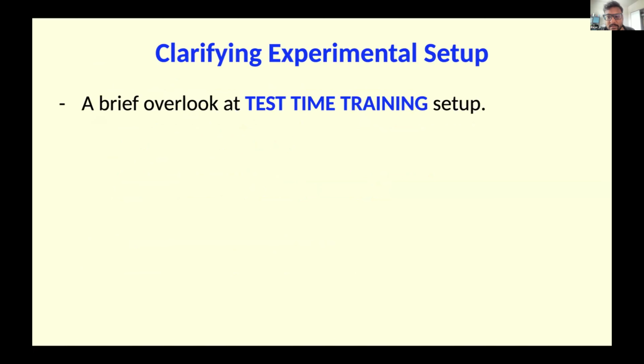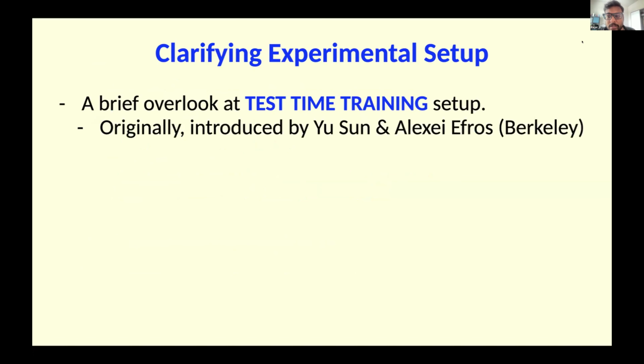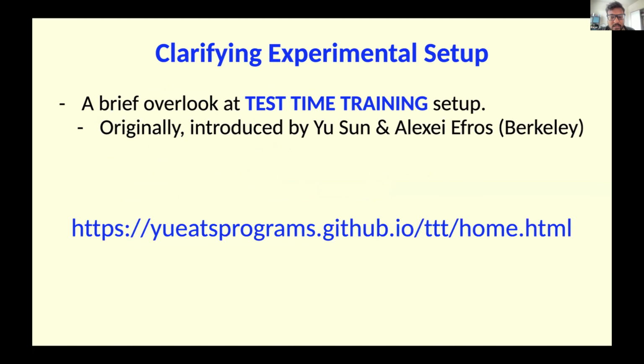Here is a brief overview of the test time training setup. It was originally introduced by Yu Sun and Alexei Efros at Berkeley, and right now it's pretty well known in the field.